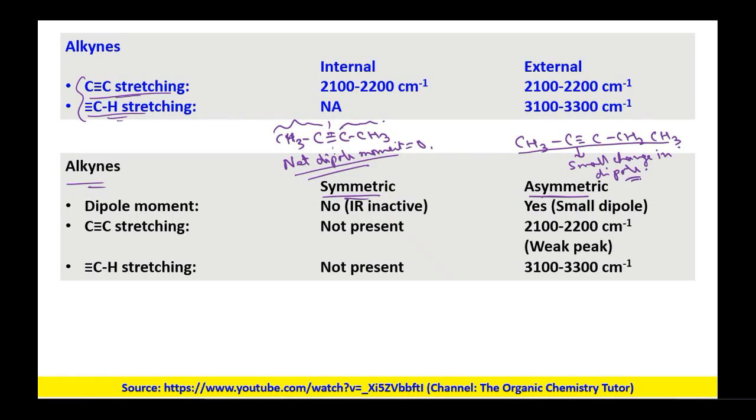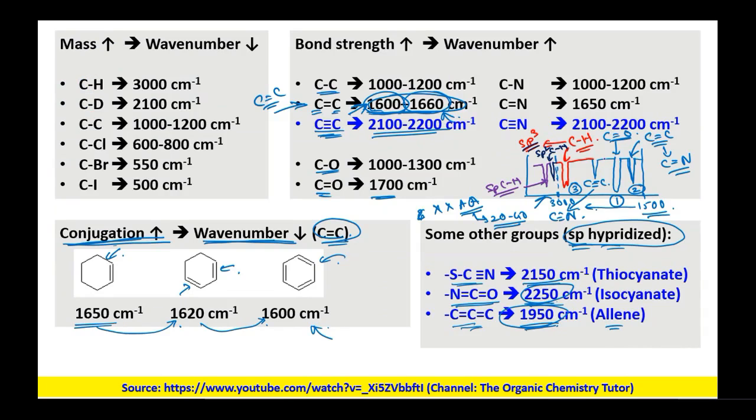Now in this case, if you get a small peak at around 2100 to 2200, this C triple bond C region, this suggests that the C triple bond C stretching is due to the asymmetric C triple bond C stretching.